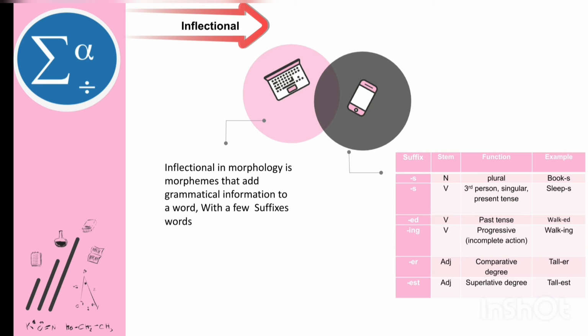There are plural, third person singular, present tense, past tense, progressive or incomplete action, comparative degree, and superlative degree. When there is a plural, for example, book, we add s, and the third person we add s, like sleeps. And about the past tense, for example, for walk, we add ed.